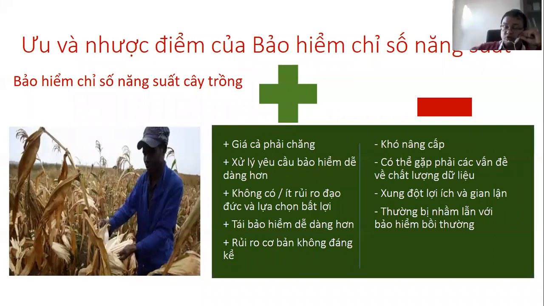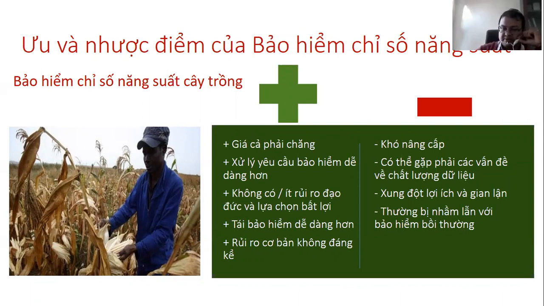In fact, there is no scope for farmers to report claims as such. It's purely based on the average yield in an area. So, strictly speaking, for index insurance products, there's no scope or flexibility for farmers to report claims, although there could be some variations on that.